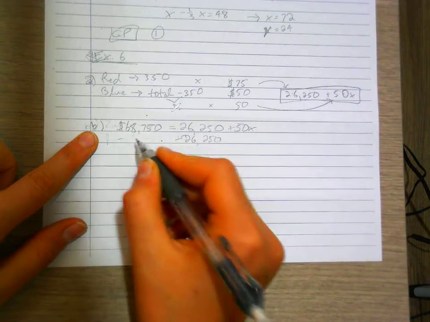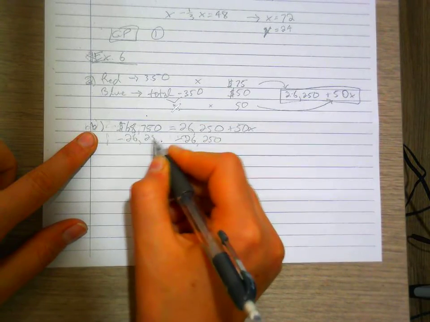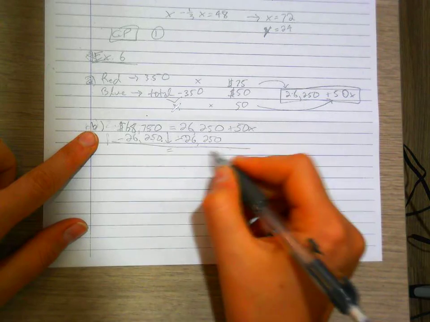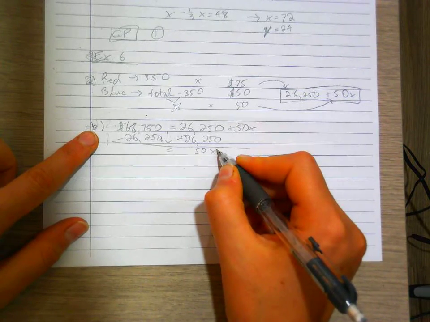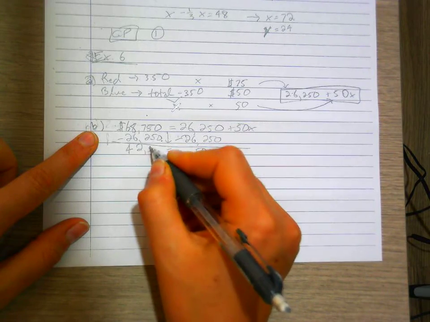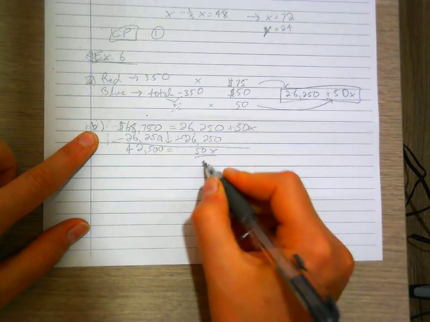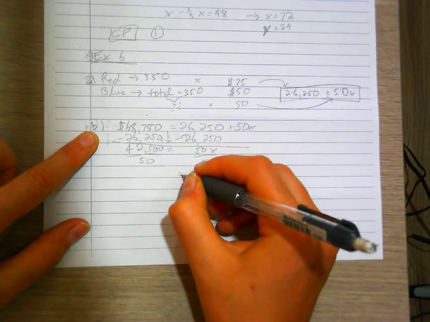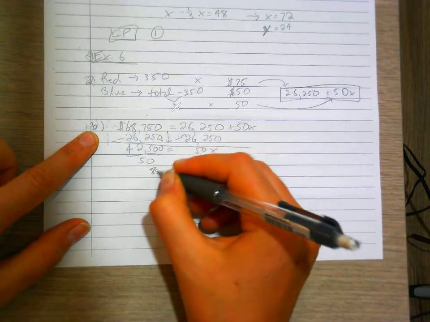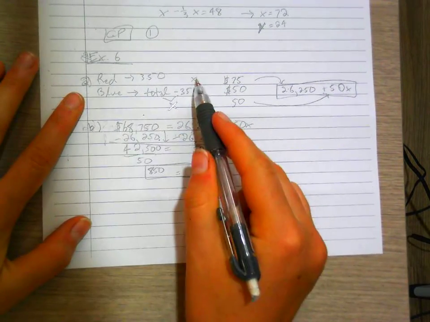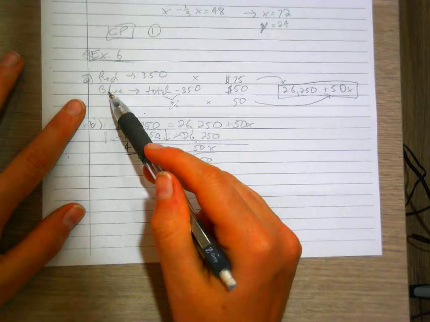Carry down the equal sign, and that gives us 50X and 42,500. If we divide both sides by 50, we get X equals 850, and so that tells us the number of people that sit in the blue section, which is 850.